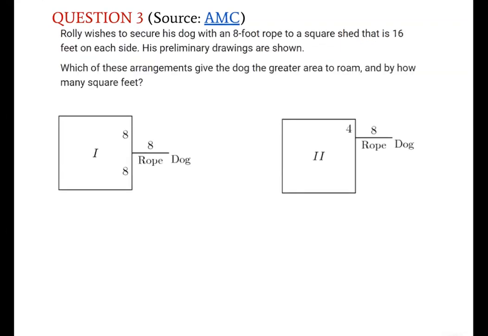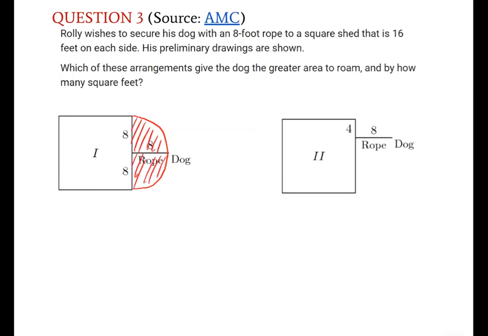Question 3, I believe we have done a question similar to this before. For this first arrangement, this rope will just form a semicircle. It will cover this entire red region.